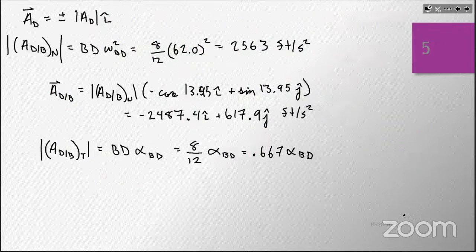So if that's the case, and notice I'm going to write this in terms of plus and minus still. This is going to be BD times alpha BD.